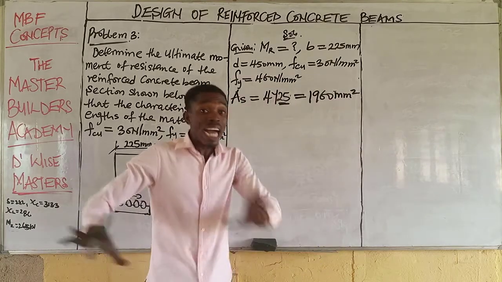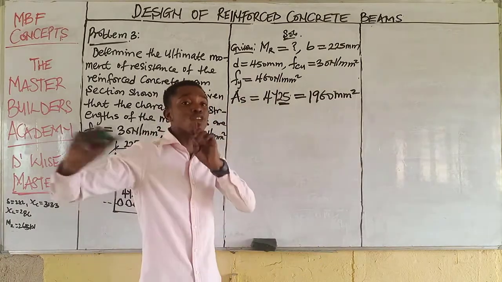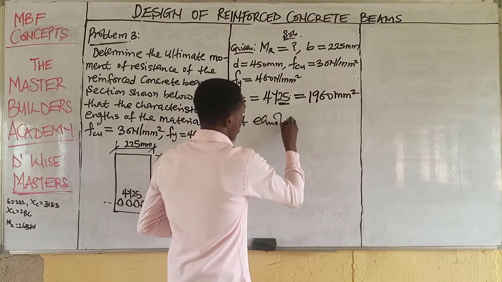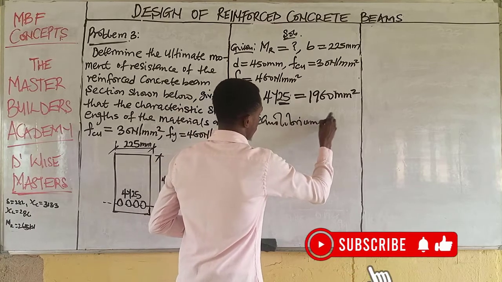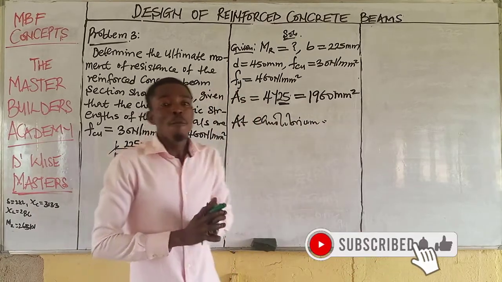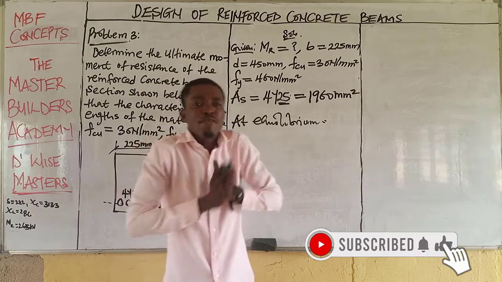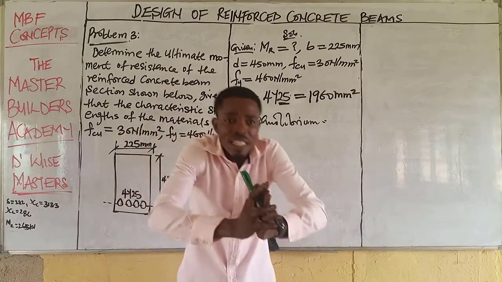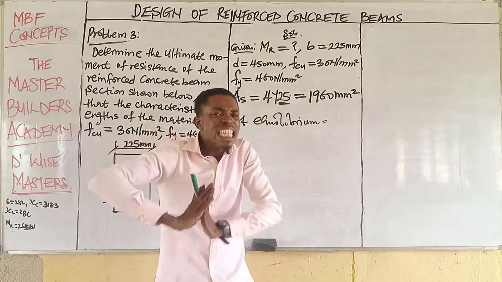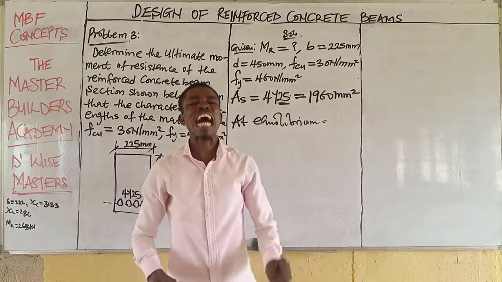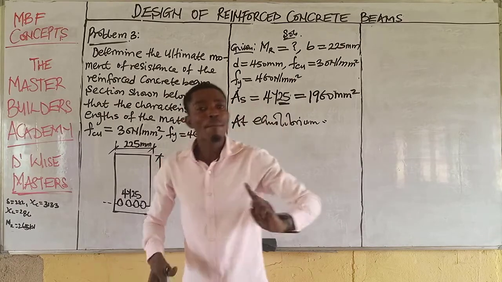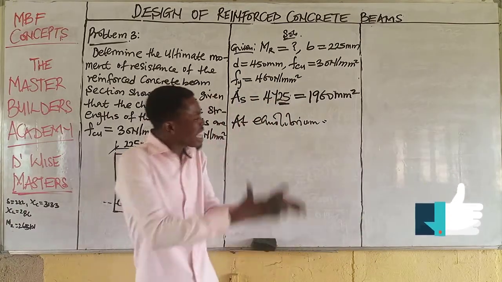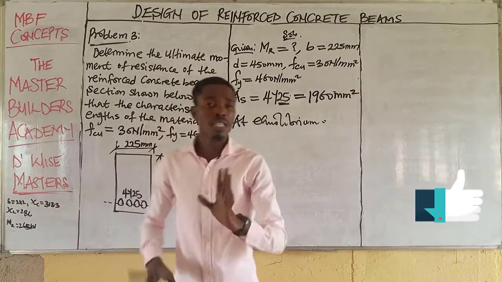Now at this point, we need to understand that from the stress block at equilibrium, the compressive force in the concrete is equal to what? The tensile force in the steel. At equilibrium, the compressive force in the concrete is equal to the tensile force in the steel.